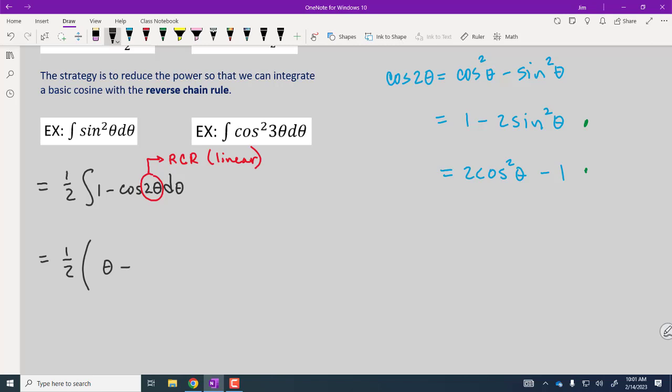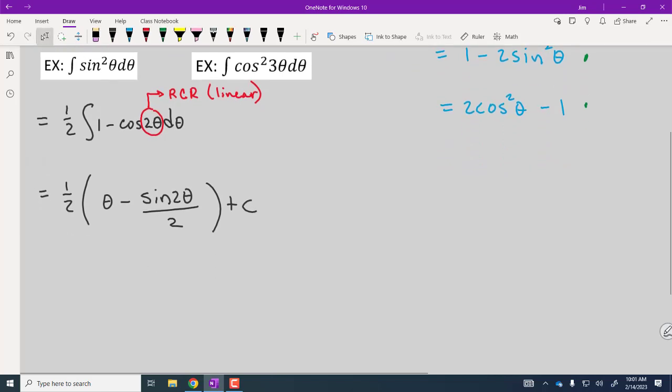So we're going to have sine of the same exact angle. The angle doesn't change. But then what does the RCR give us? Divide by 2. Exactly. So that will be our antiderivative.